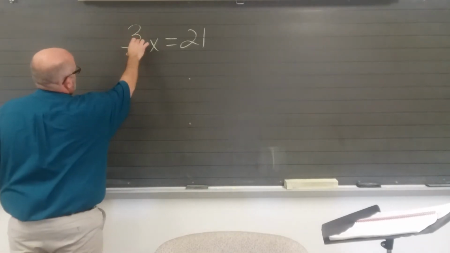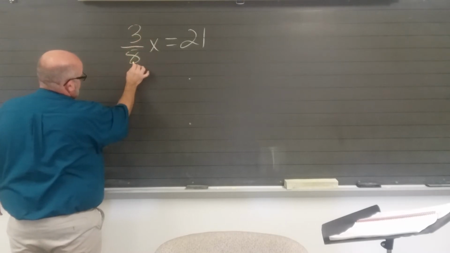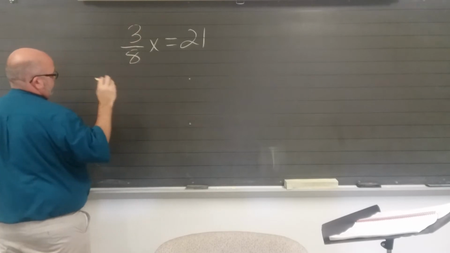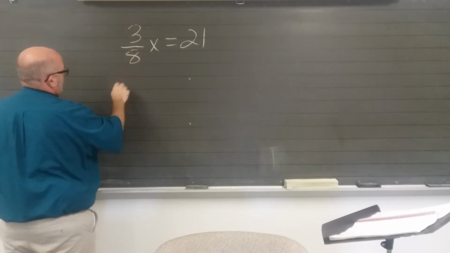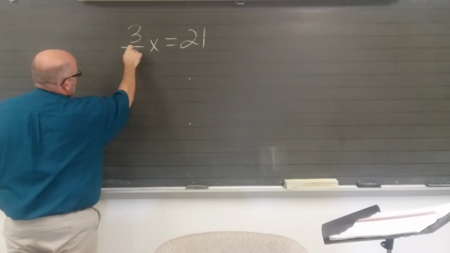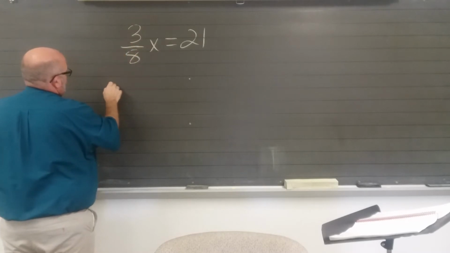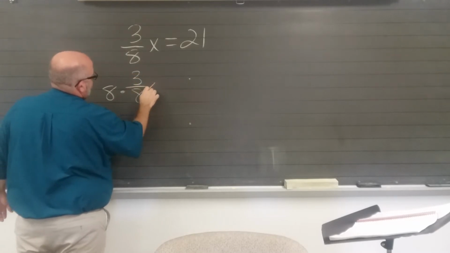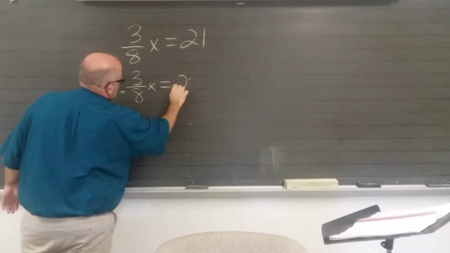Remember, this is 3 divided by 8. So what's the opposite of divided by 8? I think you all know that. Multiplication. So we're focusing on the denominator. All right, 8 times 3/8 x. Keep that x there equals 21.